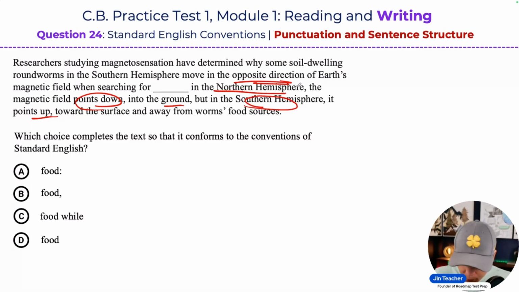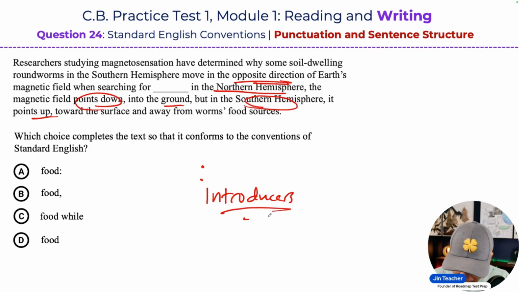Now, the third rule for a colon is you want to make sure that there are no introducers. An introducer is a made-up word that is what it sounds like. These are words that introduce a list. The most common types of introducers that you'll see are phrases like such as or including. If the sentence has this type of phrase, then you don't want to use a colon.